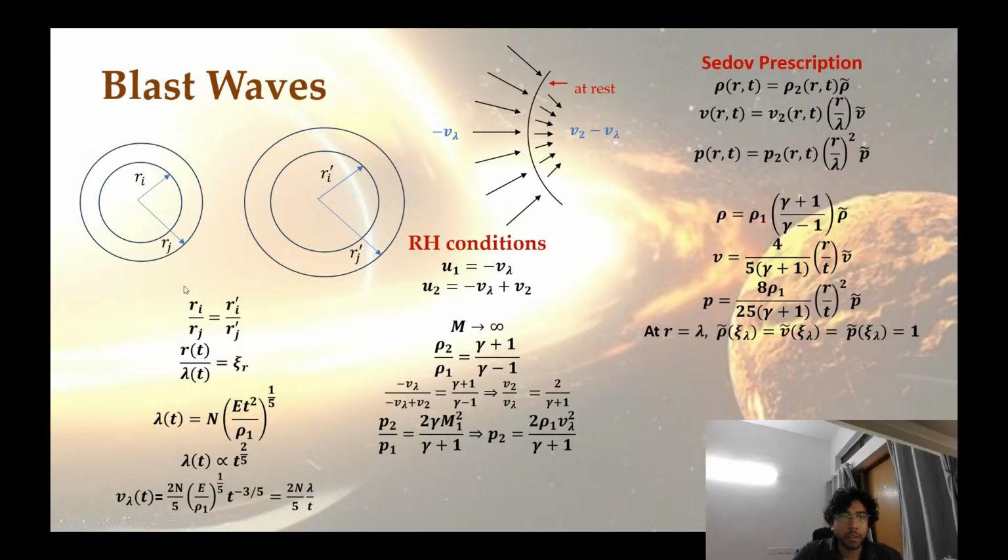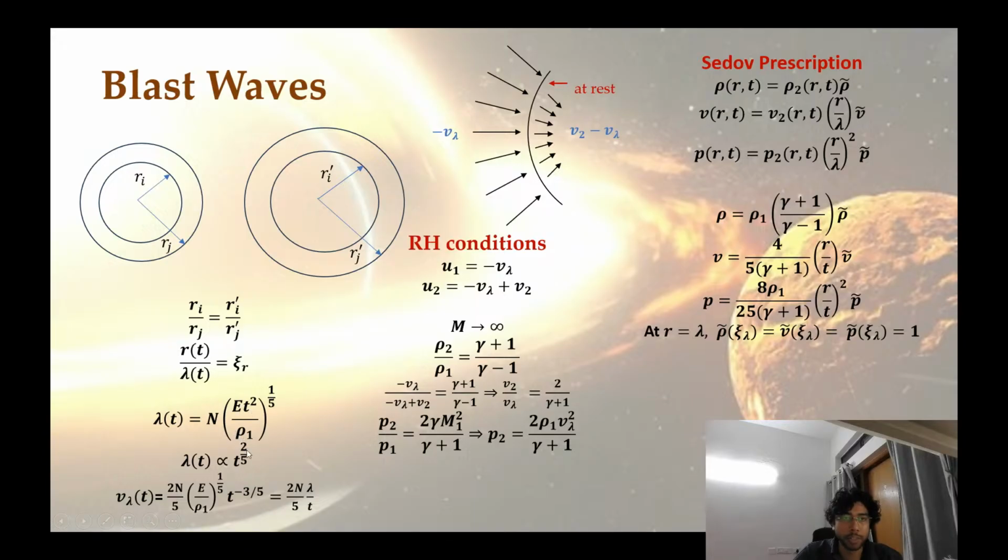Now we take one of the radii to be the shock front radius, and we denote it as lambda. R by lambda is constant, which we represent as psi r. So r is any radius, and lambda is the shock front radius. Using dimensional analysis, we saw that lambda could only depend on energy, time, and density.